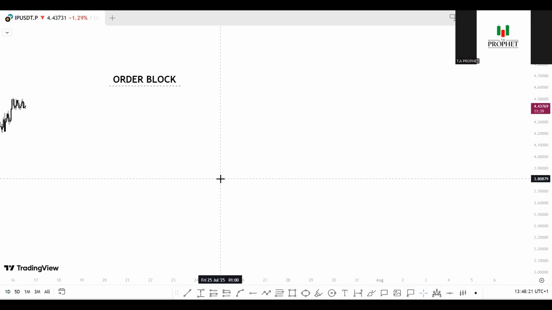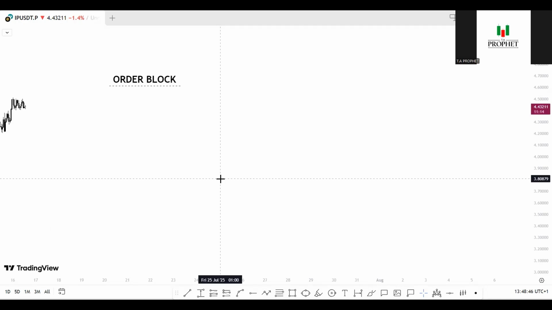Basically, order blocks are key levels on your chart where banks or large institutions execute their buy or sell orders, causing a strong movement from that particular zone or level. Let me come again.